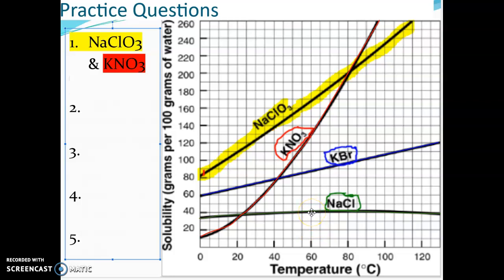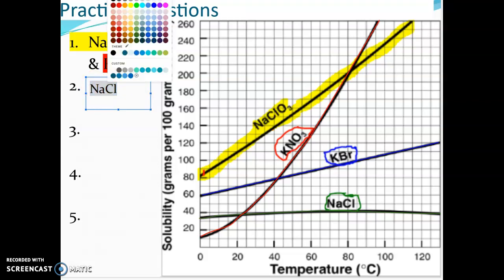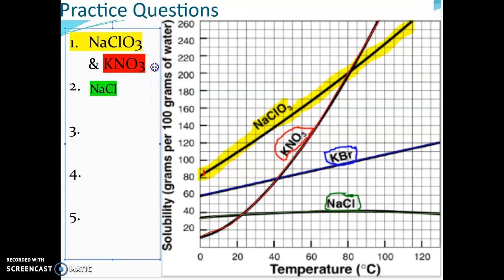I hit NaCl first. That means that NaCl has the lowest solubility of any other substance on this graph. So under number 2, I am going to write NaCl, and again, I'm going to highlight it in green to help us organize our thoughts.